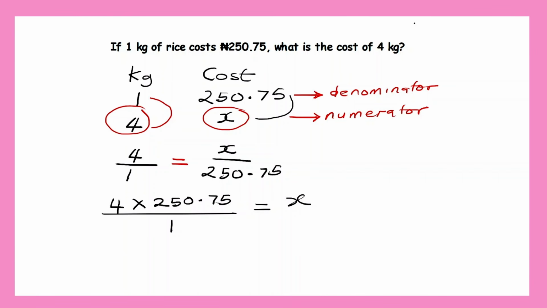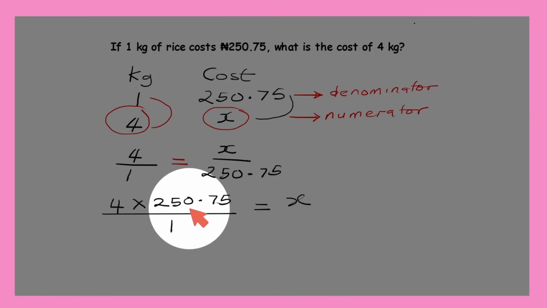X. Now you can see that we have a decimal to contend with. Now the principle says we should remove the decimal and make it look as if it's a whole number.